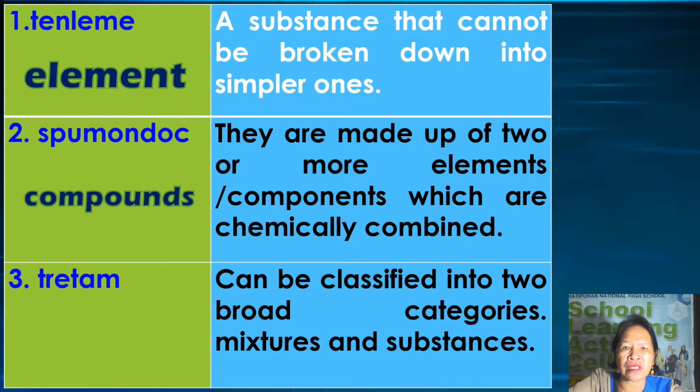Number 3. Can be classified into 2 broad categories, mixtures and substances. If your answer is matter, then you are still correct. Okay, who got perfect? By then, you are now unlocking some of the difficult words used in this lesson.